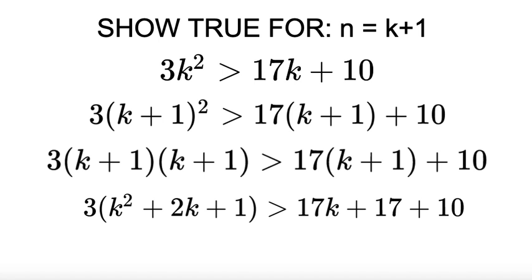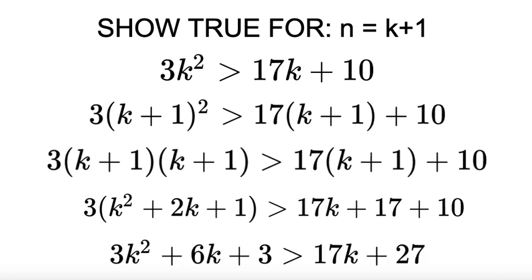Inside the parentheses on the left, you get k squared plus 2k plus 1, which is the same as k plus 1 raised to the second power. On the right side, you get 17k plus 17 plus 10. So when you distribute everything and add like terms, you get 3k squared plus 6k plus 3 is greater than 17k plus 27. So this is what we should get for n equals k plus 1.